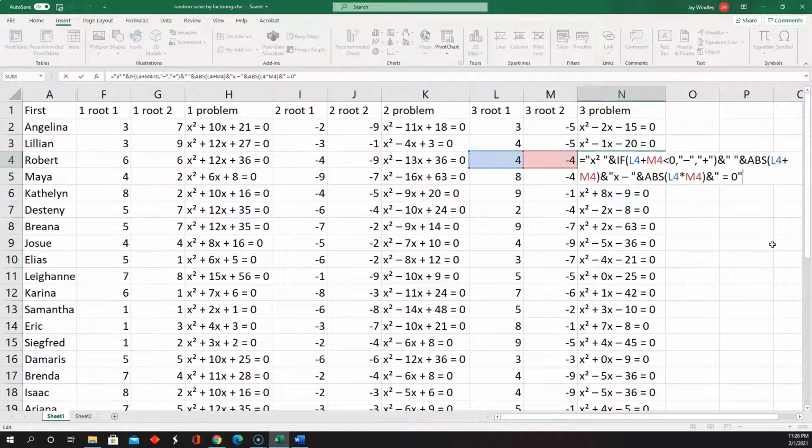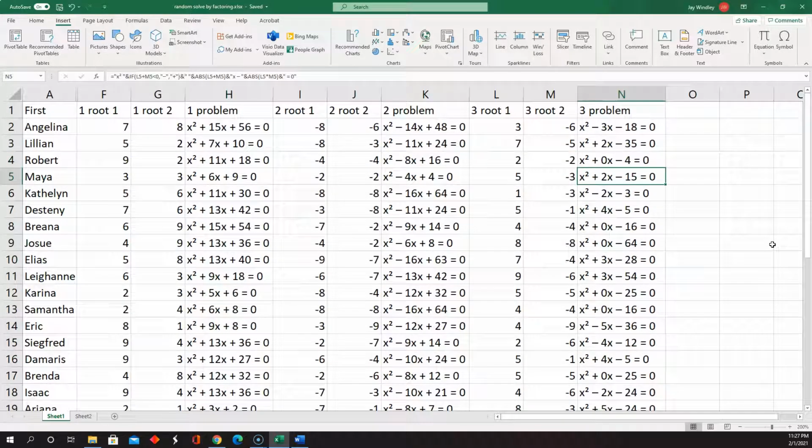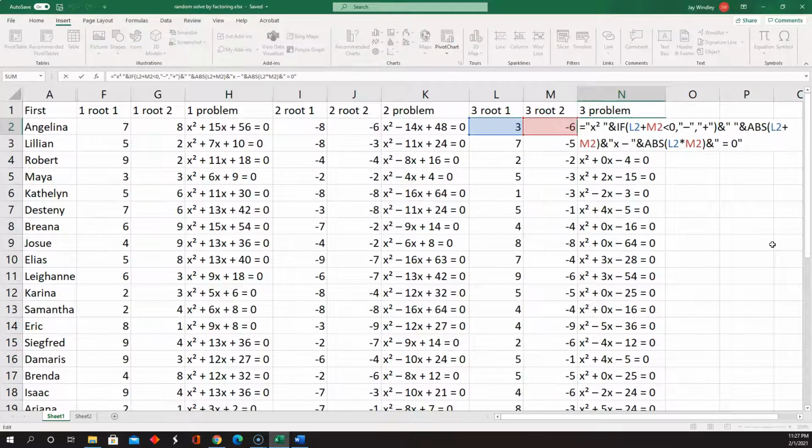So one more, I'm going to wrap all of this up in an if. Sorry, I want to go up here to the top. All right, so after the space that's after the x squared, we want to say this. If L2 plus M2 equals 0, then we don't want to print anything.